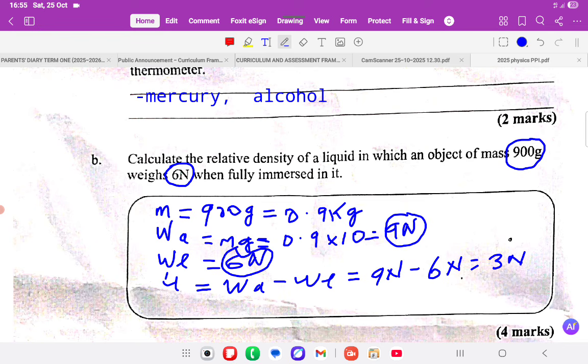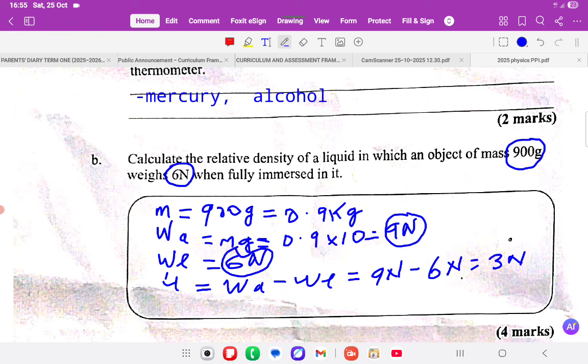All right, so let's go back to the definition. In this case, remember, upthrust represents the weight. Relative density is simply upthrust divided by weight of object in the air. All right.